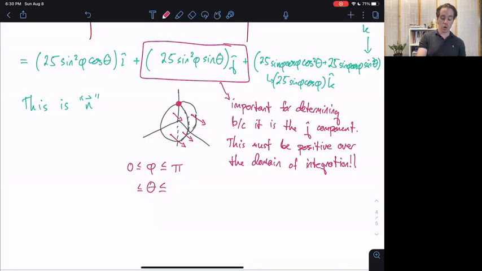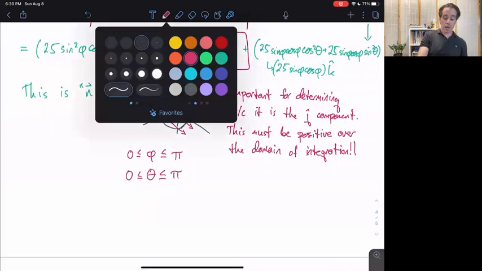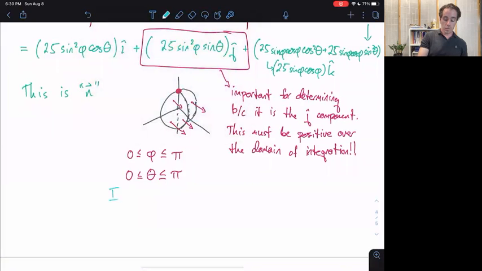So theta is going to go from 0 to pi. These are the bounds of integration. Now, over that domain, we can say, is 25 sine squared phi sine theta positive for these values?